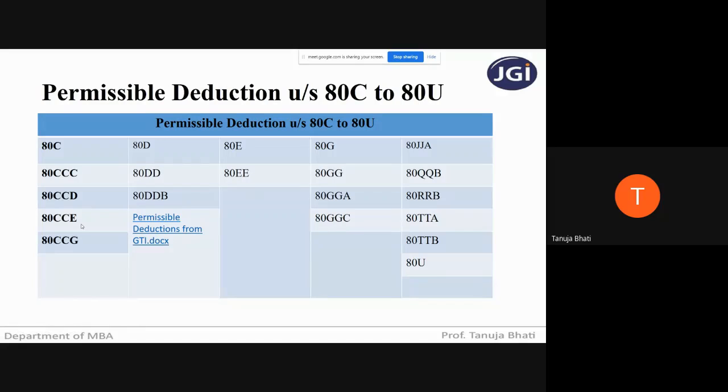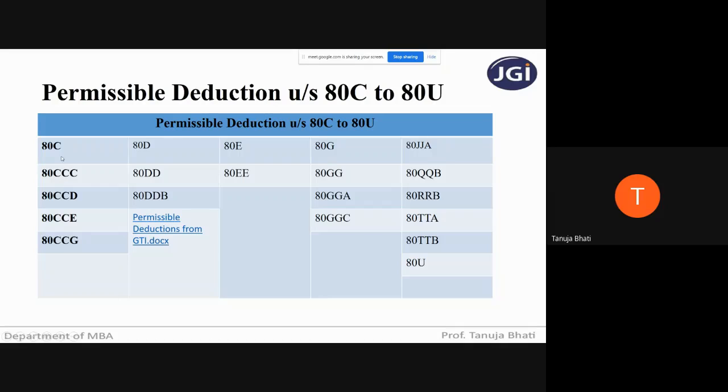80CCE, we have seen that the total deduction under 80C, 80CCC, 80CCD should not exceed 1,50,000. So that is depicted under section 80CCE.